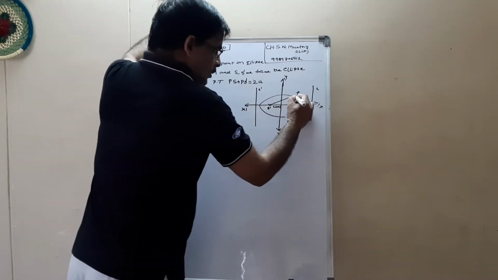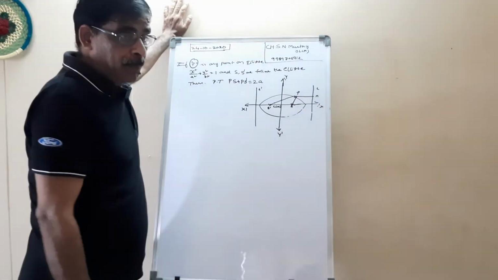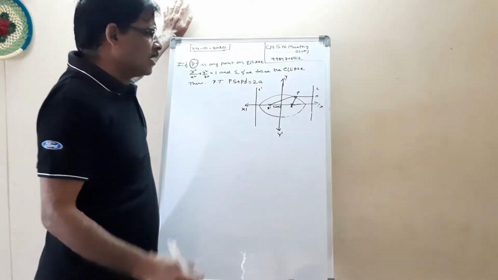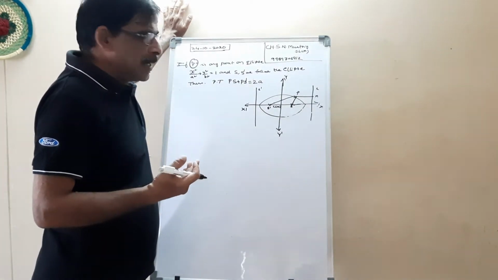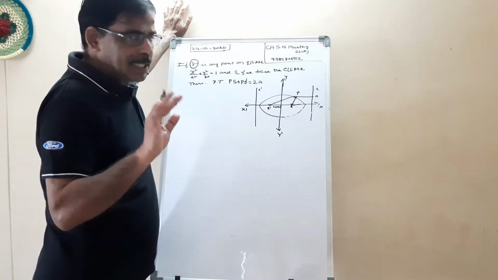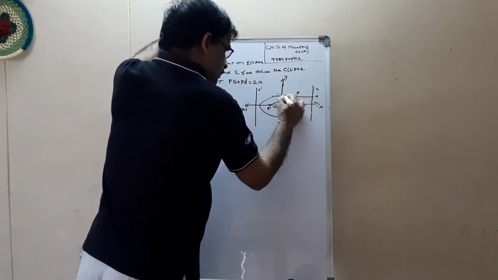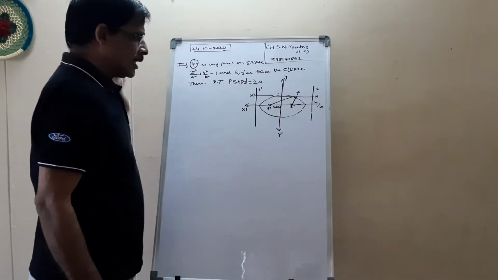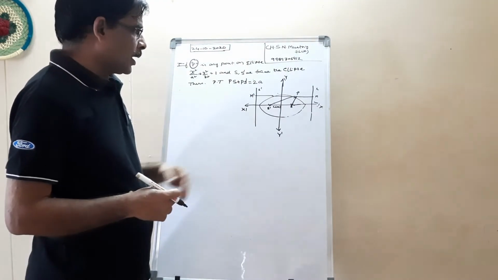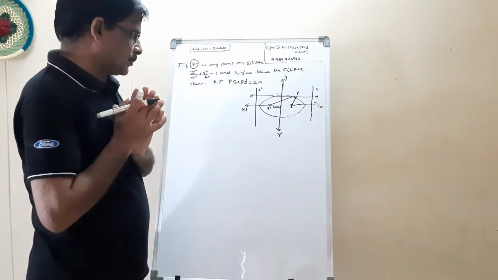And also this is PM. M is the projection of P on the directrix, or this is the perpendicular distance from P to the directrix. So that is PM. Also here, drop another perpendicular, M dash is the projection of P on L dash, the directrix.